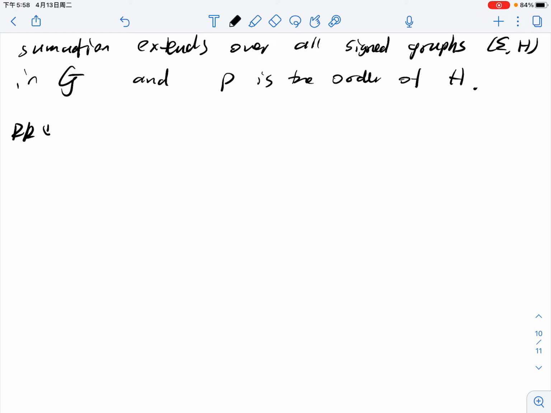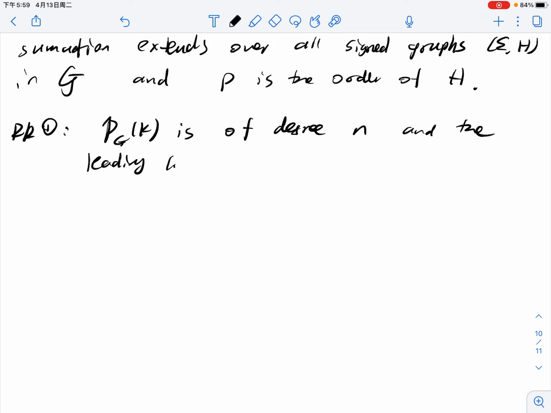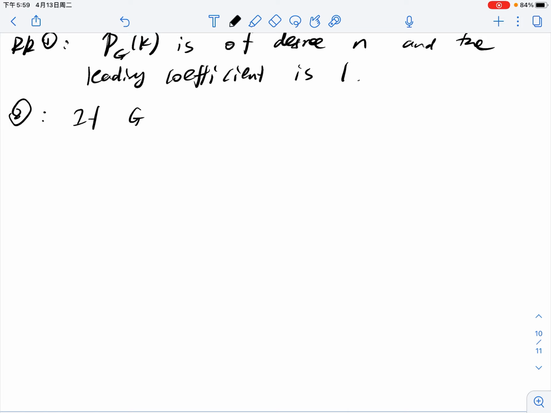And immediately we have two remarks. First, PGK, although the coefficients for each monomial are complicated, we know that this is a polynomial of degree n, and the leading coefficient is always 1.